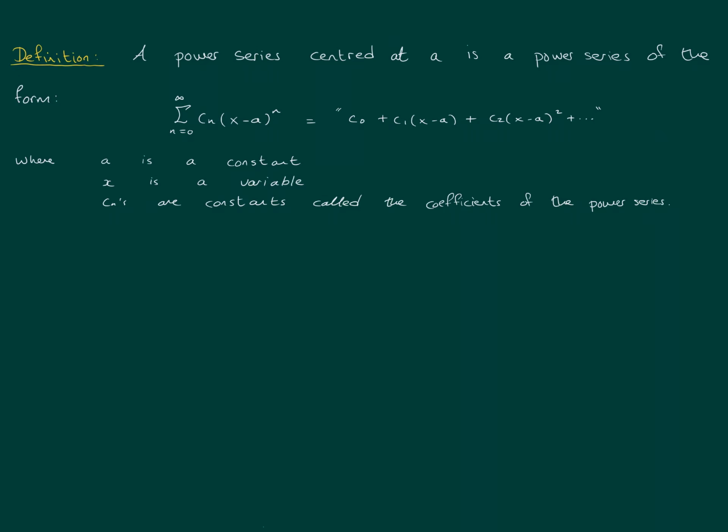A is often referred to as the center. So A is a constant called the center of the power series. This is why our previous definition was a power series centered at 0, because we only had x, and that's the same as x minus 0. So this is a power series centered at A.